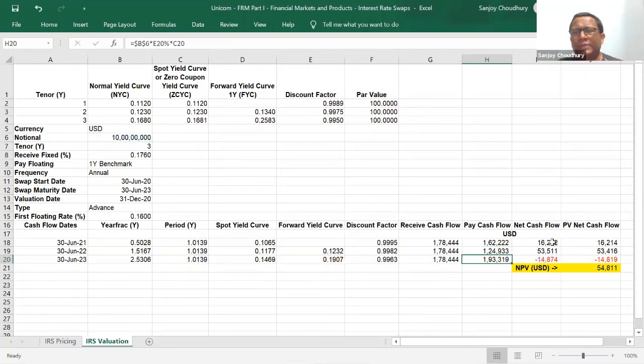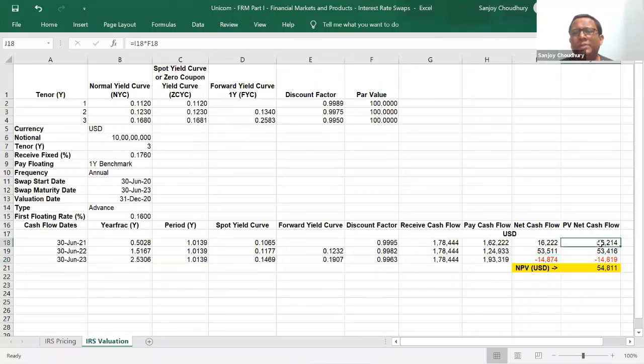Then you have the net cash flows, which is how much you're receiving less how much you're paying. As you can see, the first two cash flows are positive, and the last one, since the pay cash flow is much more than the receipt, has a negative net cash flow.